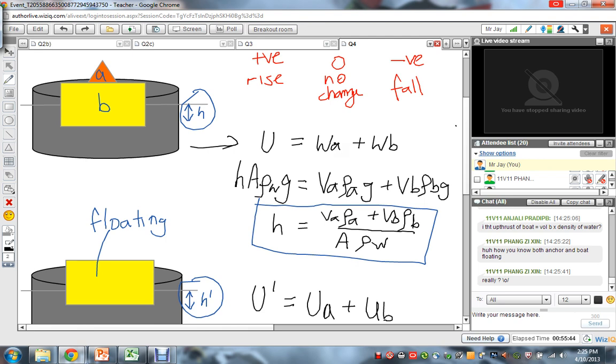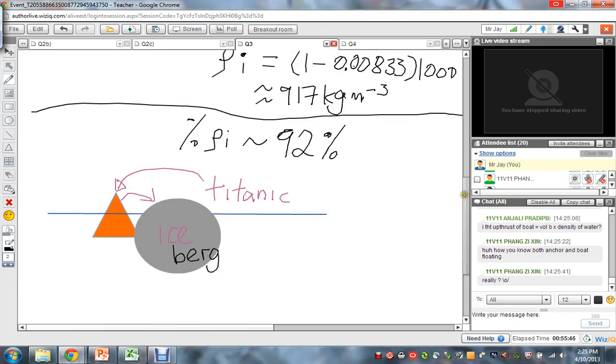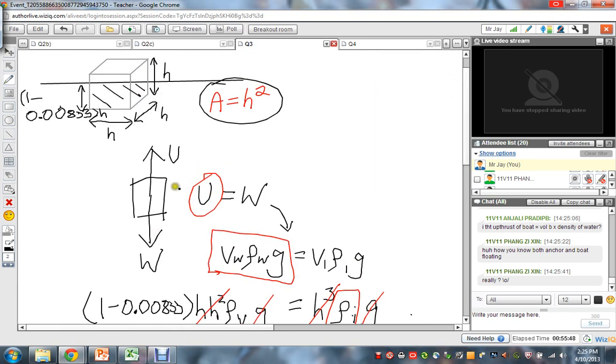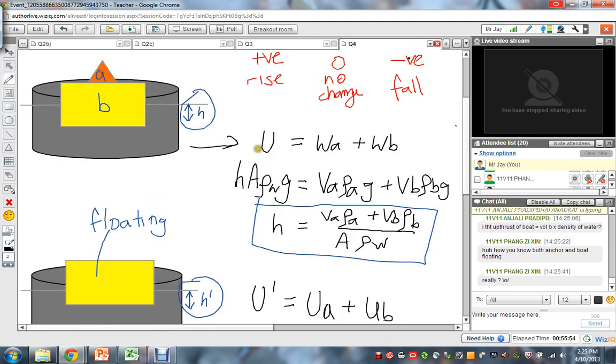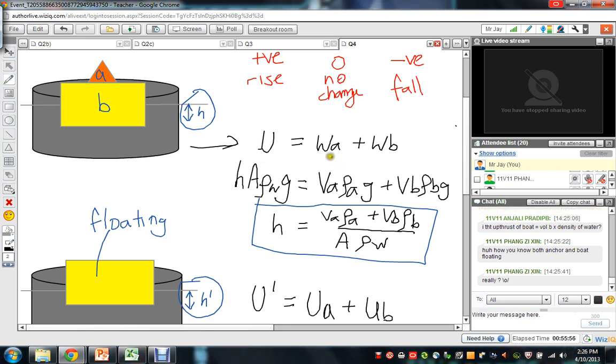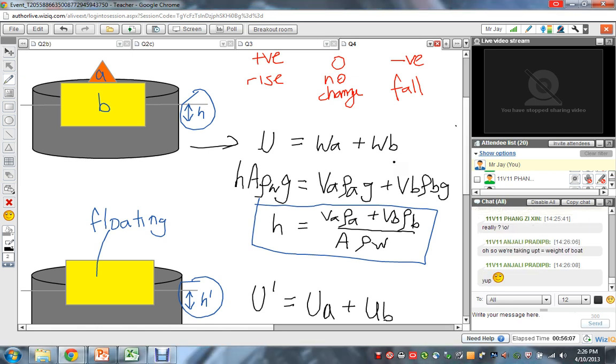It comes from what we did earlier on. If I have an object that is floating, the upthrust must be equal to the weight for it to remain floating. So that's how I know that the upthrust is equal to the weight of the boat plus the weight of the anchor. Does that make sense to you?